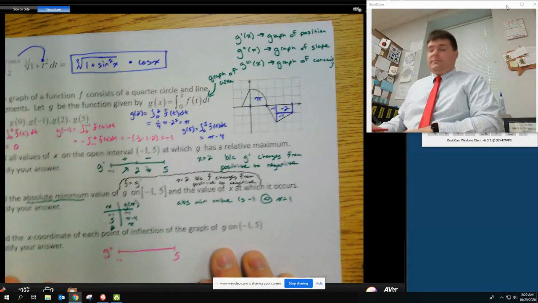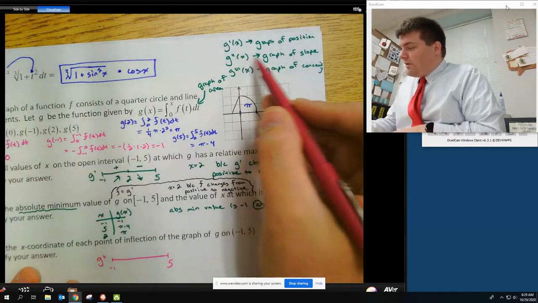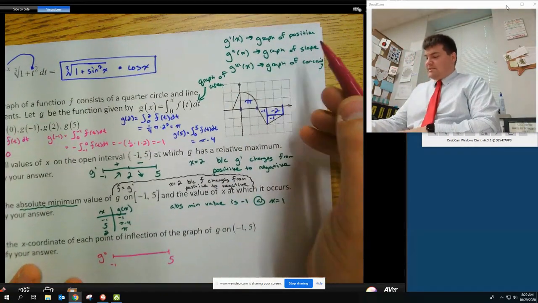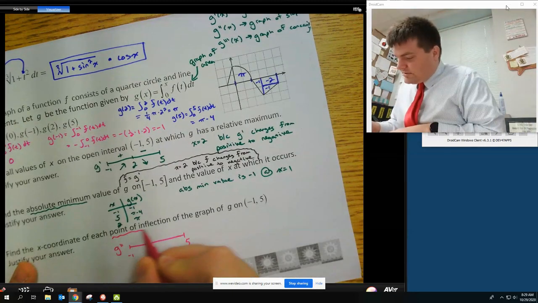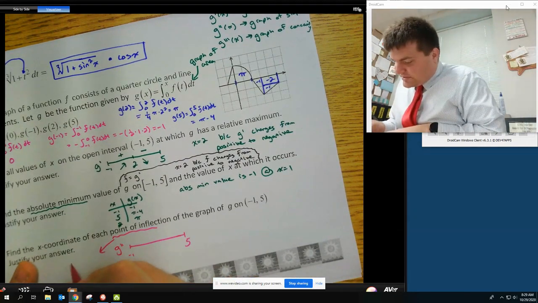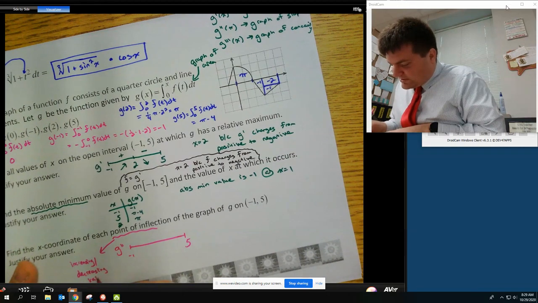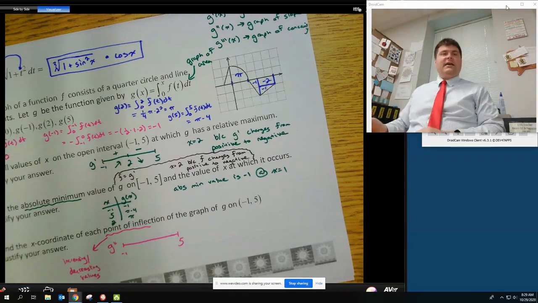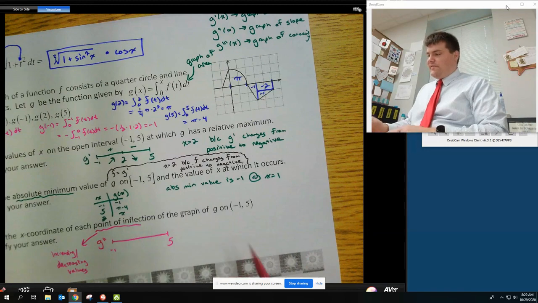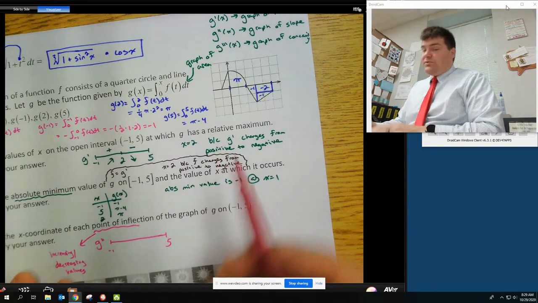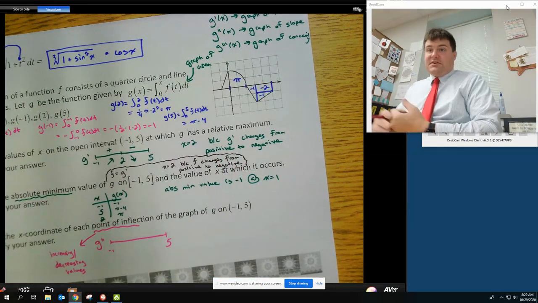Coming back up here, G double prime is the graph of slope, which means that I want increasing and decreasing values. This is going to help me find out if I have a point of inflection. So when do I change from increasing, decreasing, or vice versa?